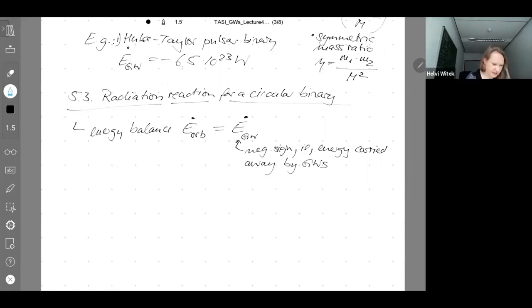Good. And as I said, we will actually stay within the Newtonian approximation here, so we can write the orbital energy as the following. E orbit is nothing else but minus Newton's constant, the masses of our two components, divided by this separation L0.